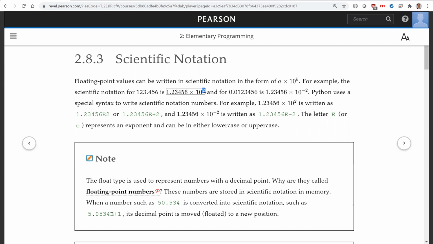Now look at this one here, where the point floats to the right, and it becomes 1.23456 times 10 to the -2. So now you see why we call this a floating point number. It is because the point can float to the left and right. Internally, a floating point number is represented in 2 parts: one is this number, and the second part is the exponent part.